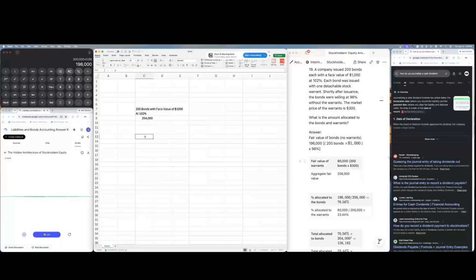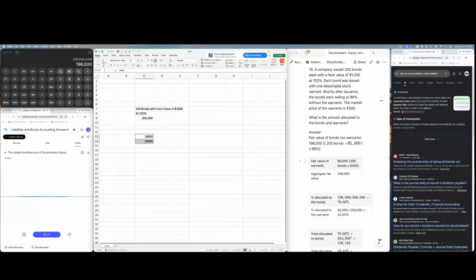I think you were asking about the bond value without those warrants attached, right? Exactly. The market says the bonds alone are worth 98% of their face value. So we take our 200 bonds at $1,000 each, which is 200,000. Then we multiply that by 98% to find the value of just the debt. That gives us $196,000 for the bonds by themselves.